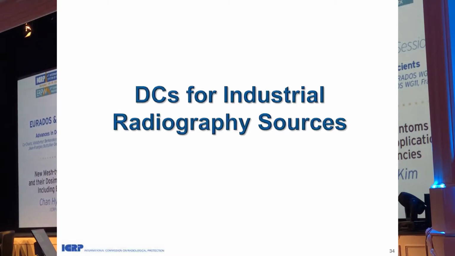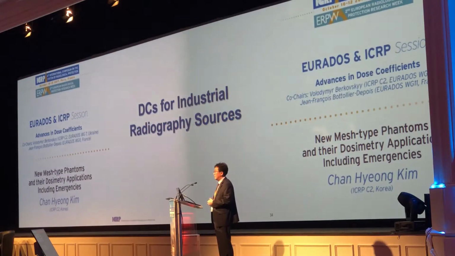So now it's about the dose coefficients for industrial radiography sources. This time we used the mesh type reference computational phantoms, which were developed in our task group, to calculate the dose coefficients for industrial radiography sources, and these numbers will be included in our task group report.